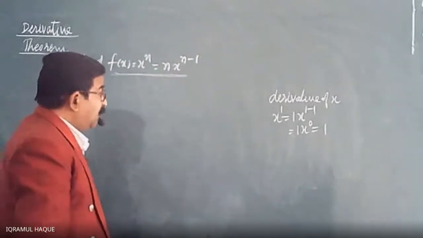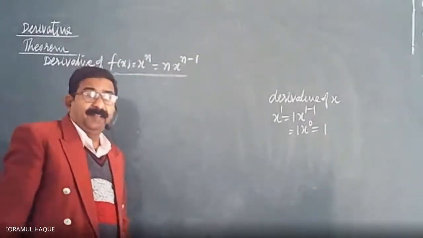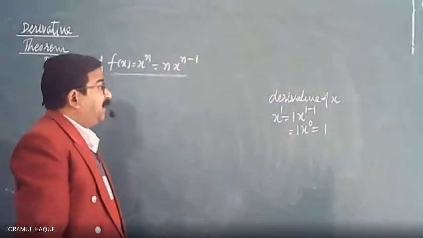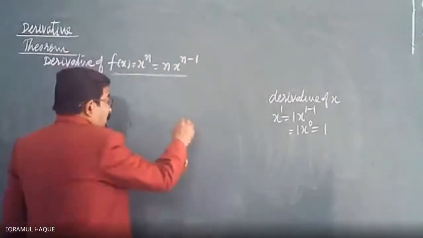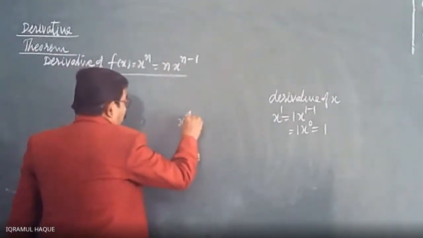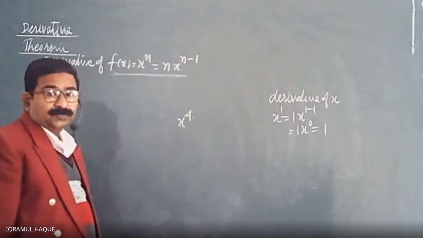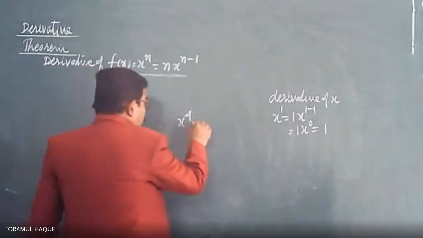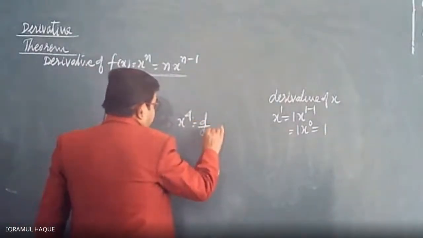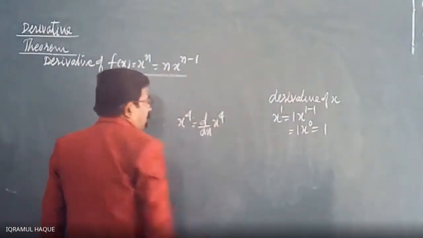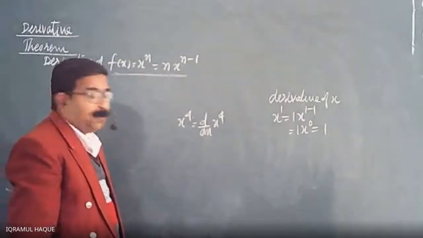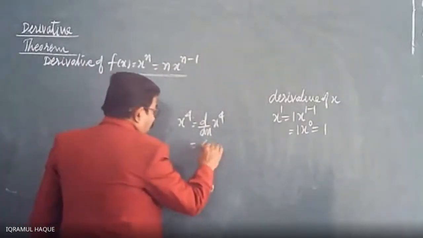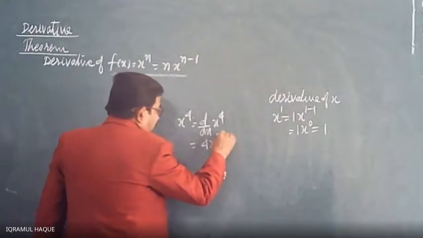One more thing. Whenever we are given any exponent, suppose you are given x to the power 4 and we have to find the derivative of this. So d/dx of x to the power 4 is 4x to the power 3.